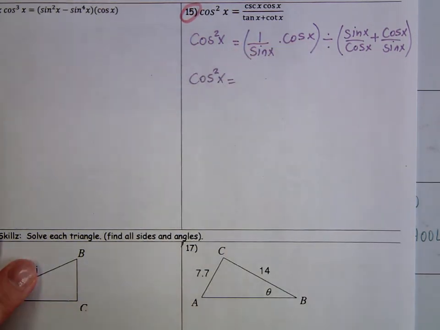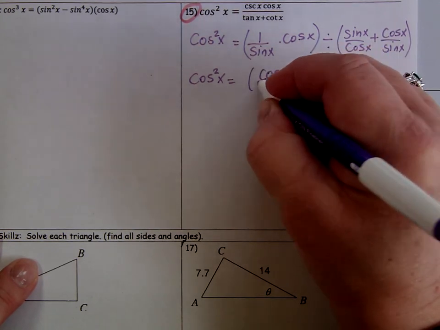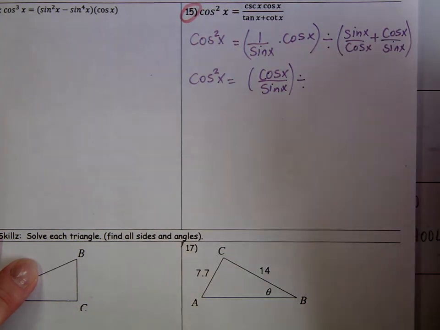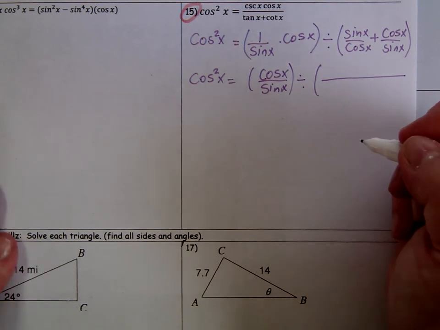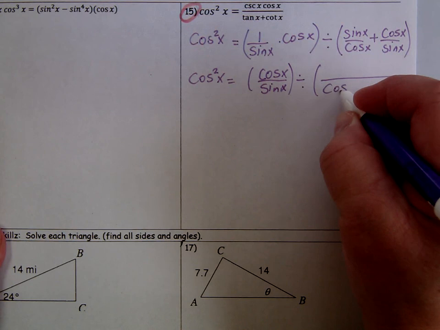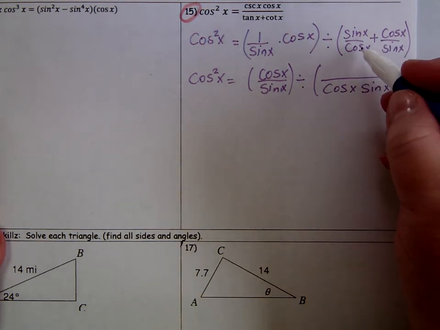Let's see. This is the cosine over the sine. If I combine them together, I'm going to leave it as divided by. I'm trying to add these two fractions. Therefore, I need a common denominator. Between a cosine and a sine, I've got to have one of each thing. Then I've got to match. This one has the cosine, it needs the sine.